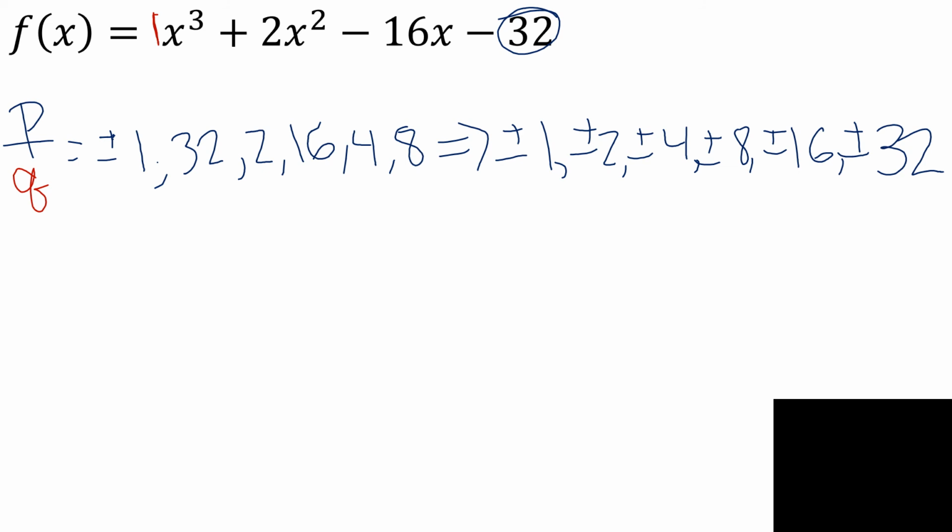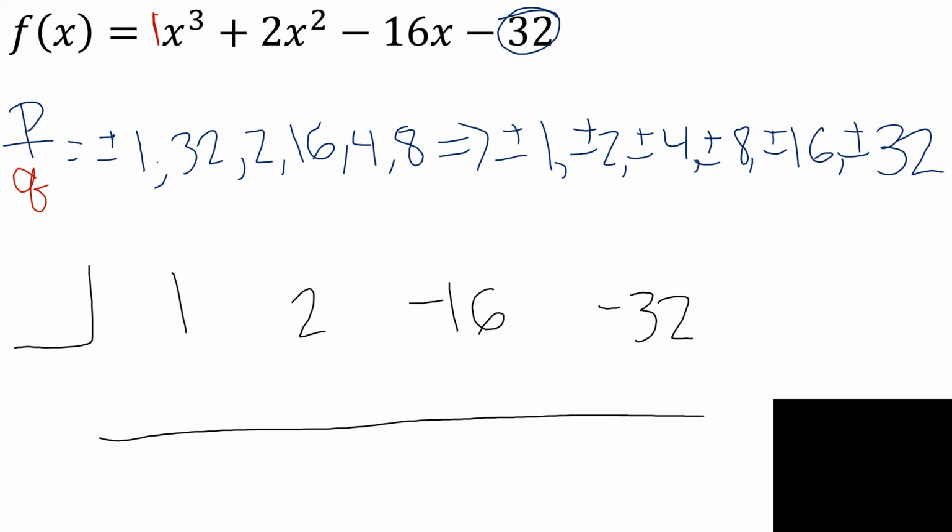And this really is just a matter of plug and chug. So you're going to put some 0 up here. You have 1, 2, negative 16, negative 32. And then you just pick your favorite 0 and you go through this.